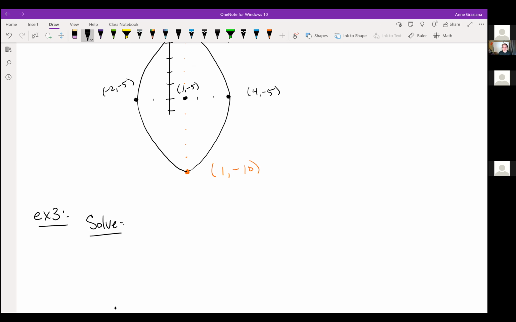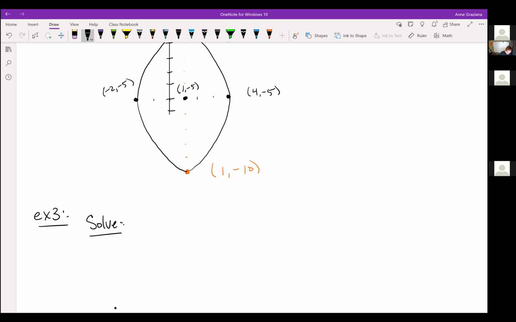I'm giving them to you in the best case scenario, where you're getting the formula already set up for you. But just like with parabolas, we had to learn to convert them to vertex form. There is some work to do sometimes to convert these to the standard form. Okay, so we'll get there.